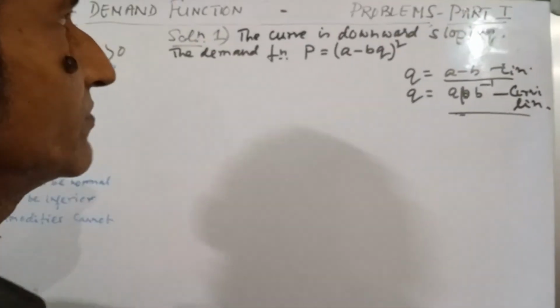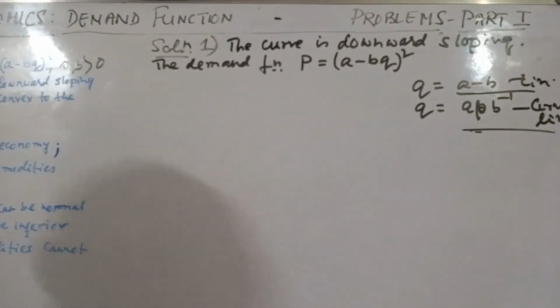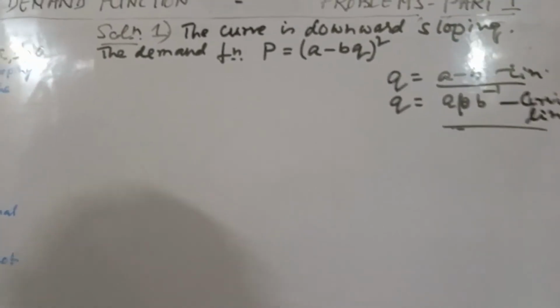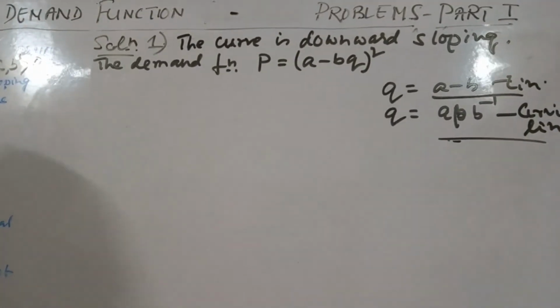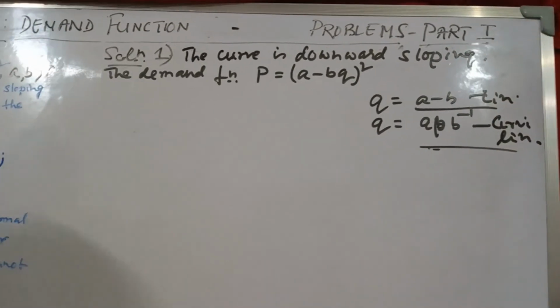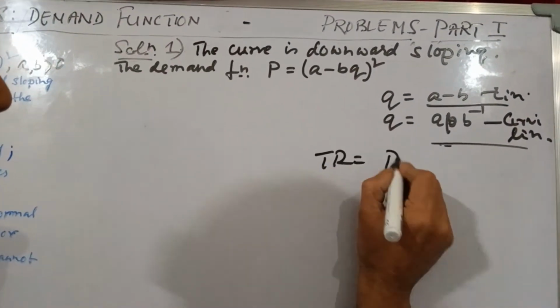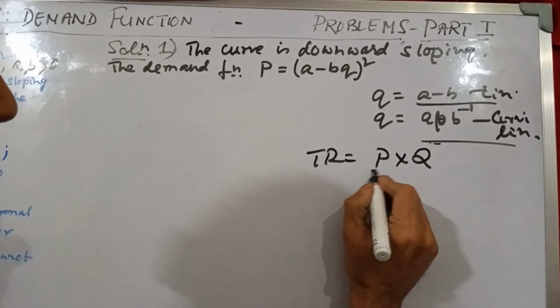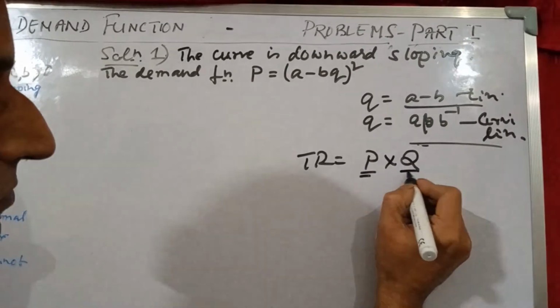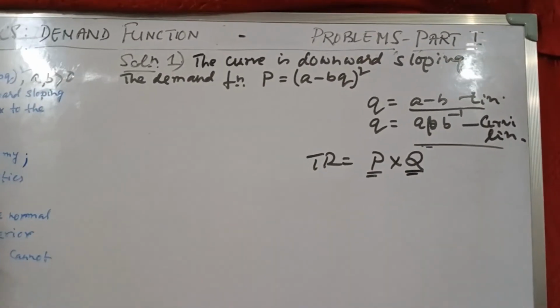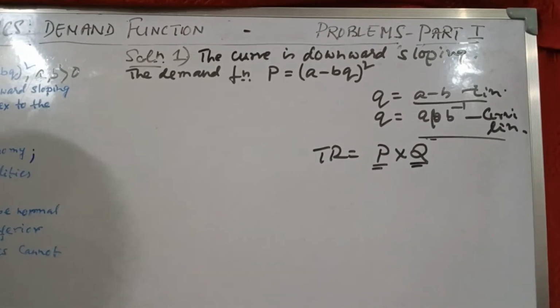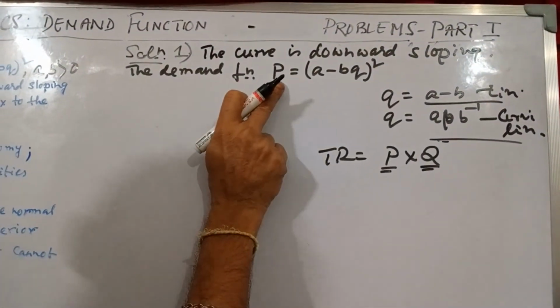This inverse demand function is required when we solve problems on average revenue, marginal revenue, etc., because total revenue TR equals P into Q, that is, price per unit into number of units sold. In that case, this inverse demand function is used.